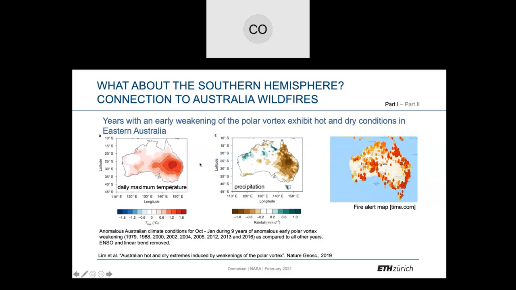And just in the year when she published this, we had a very early breakup of the polar vortex, and we had these extreme wildfires, especially in this region over Australia. So there might have been some connection between what happened in the polar vortex with this early breakdown and the wildfires in Australia that were observed that year.